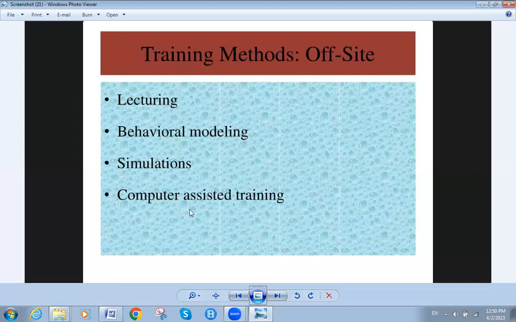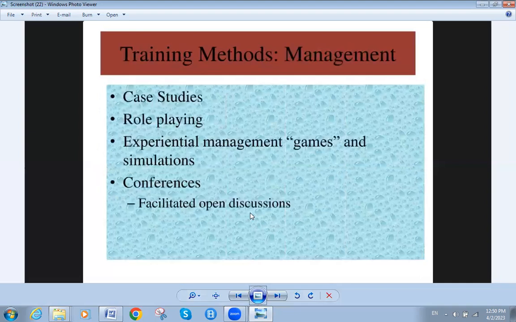Computer assisted training is another way of helping the trainee to train using computers. Also we have case studies and role playing. Role playing means: what would you do if you were in this position?